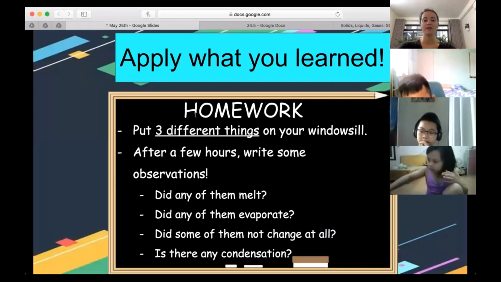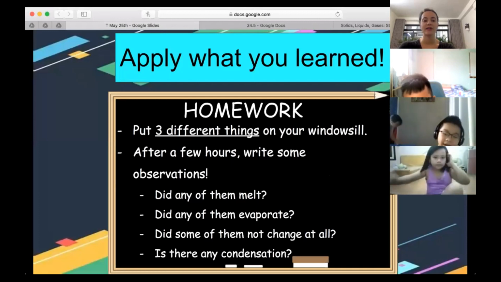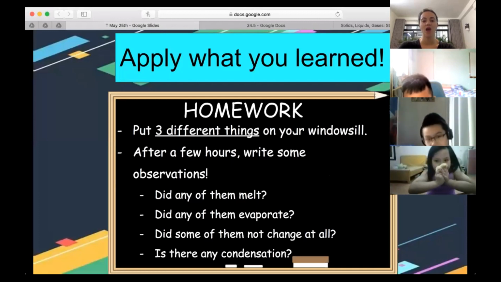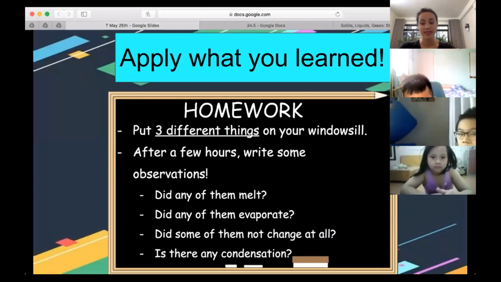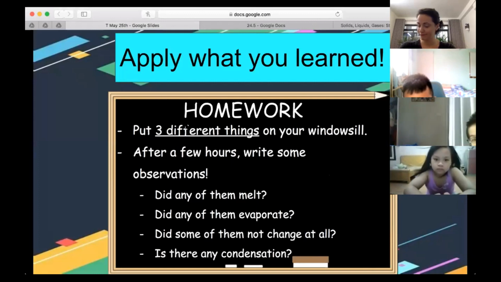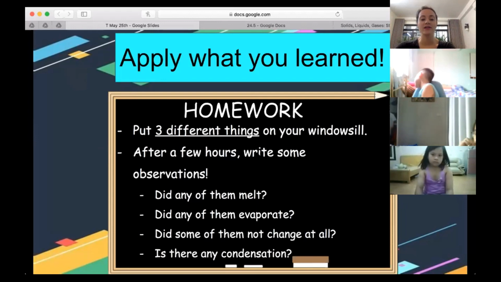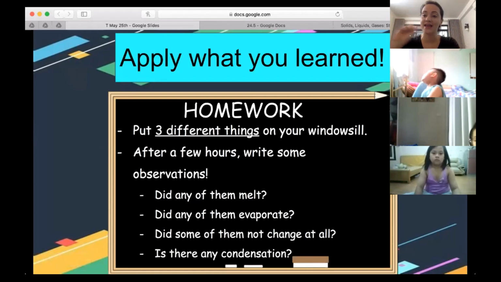Nice work, everyone. So your homework is put 3 different things on your windowsill, somewhere where they'll get some sunlight, okay? Anything you want. After a few hours, write some observations. So your homework today is writing. Did any of them melt?